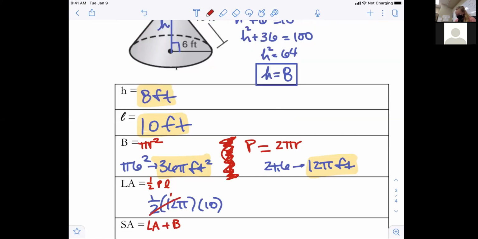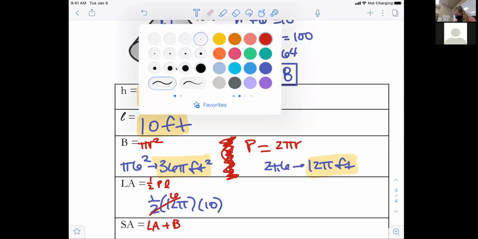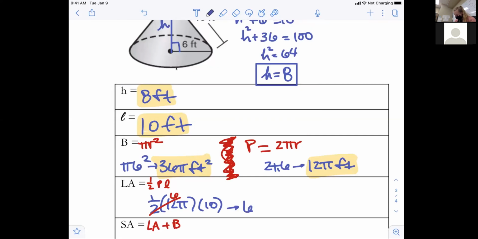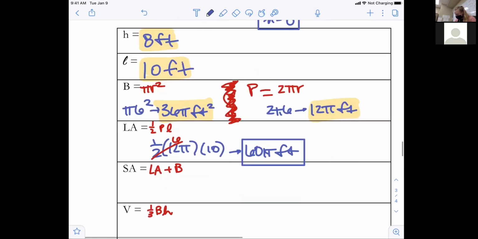One half of 12 is 6, so 6 pi times 10 is going to be 60 pi feet squared. SA is LA plus B, so that's 60 pi plus B, which was 36 pi. So that's 96 pi feet squared.